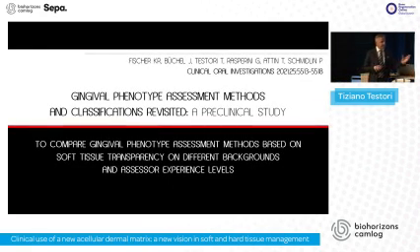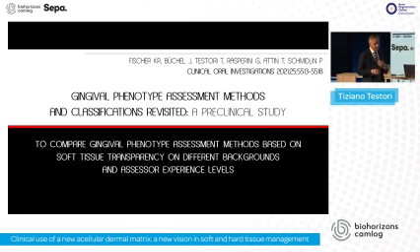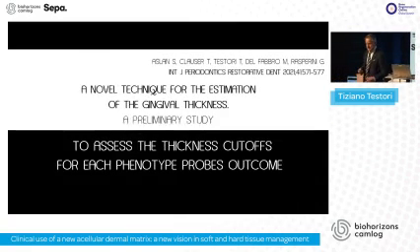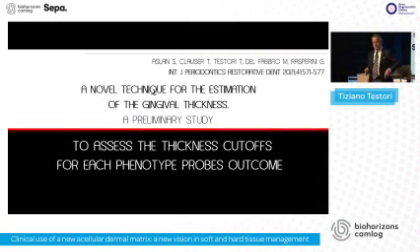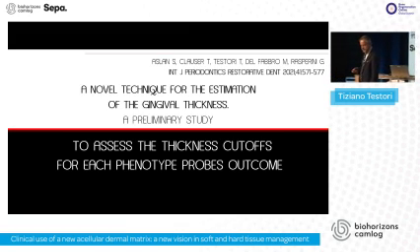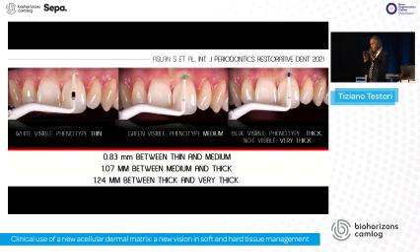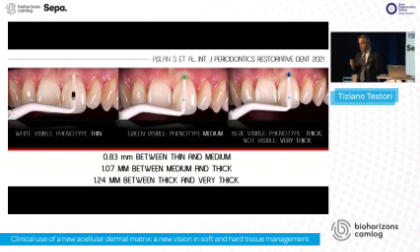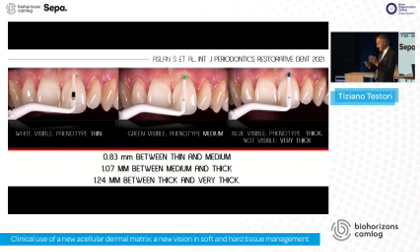We did preclinical studies with Kai Fischer and a group from Germany, and another study in humans with a group from Turkey, Aslan Serra, on 100 patients, to assess the thickness cutoff of each phenotype. As you can see here, you are within a millimeter or 2 millimeters, so the differentiation between thin, medium, thick, or very thick is in this range.